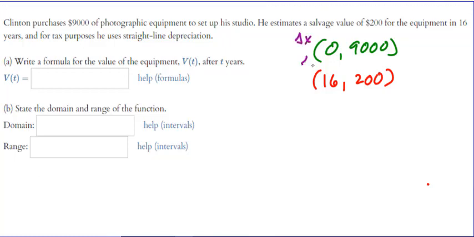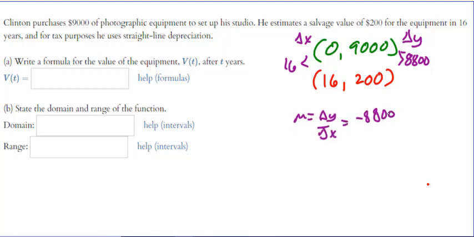Here's your change in x. So it went up. Now here it went down 8,800. That's a negative 8,800. So slope would be change in y over change in x, which is negative 8,800 over 16.